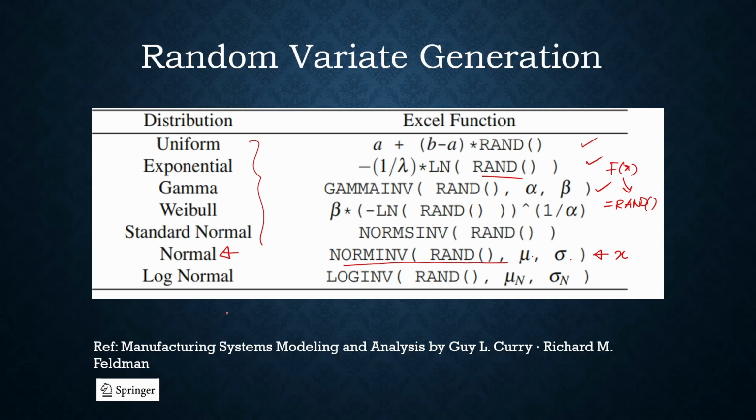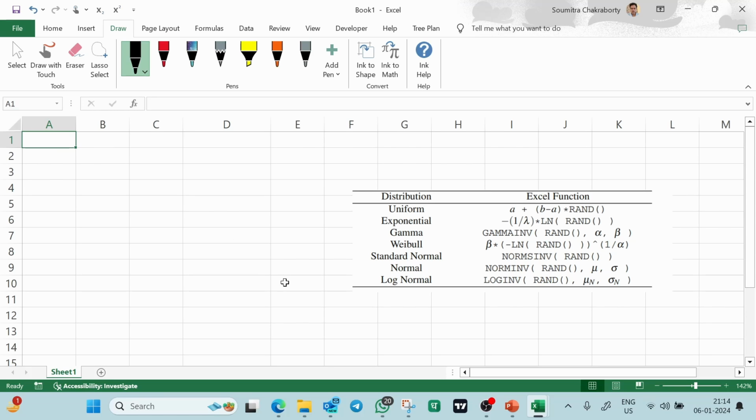Now we will go to the Excel sheet just to implement this formula and see how it looks. So let us come to the Excel sheet. So here are the formulas. For example, if it is a uniform distribution, two parameters will be there, a and b. Suppose a is 10 and b is 20. So always remember the distribution parameters will always be given to you.